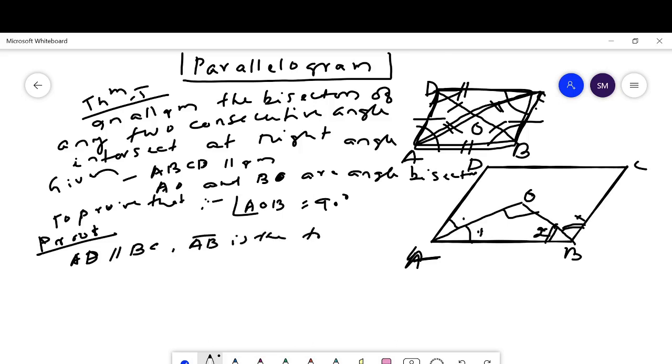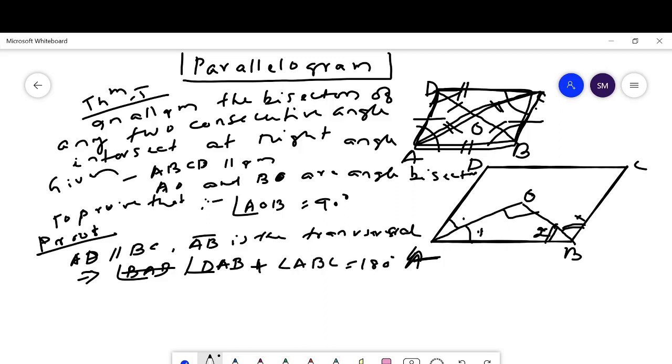This implies angle DAB, means angle A, plus angle ABC is equal to 180 degrees, as they are co-interior angles.